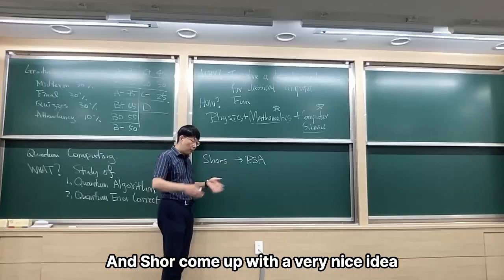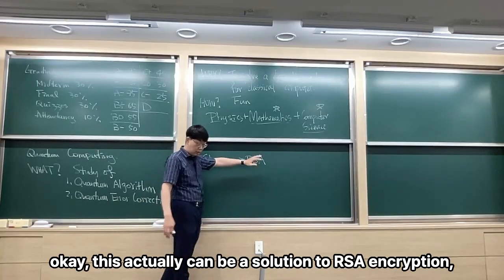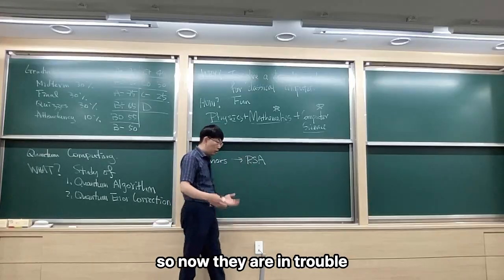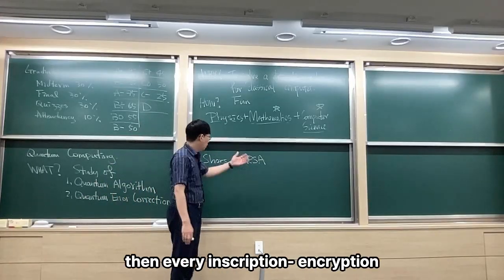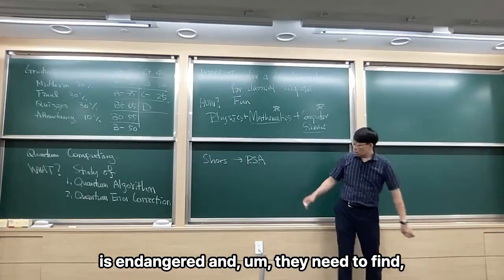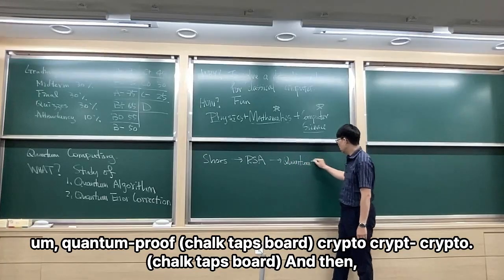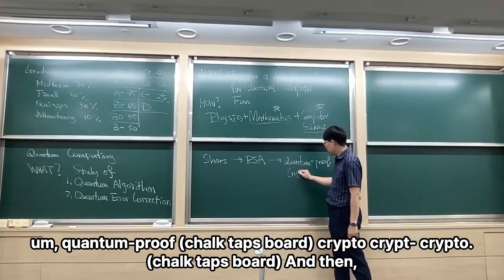And Shor came up with a very nice idea, and then people later found out that this actually can be a solution to RSA encryption. So now they are in trouble because they know that if the quantum computer is out there, then every encryption is endangered, and they need to find quantum-proof crypto.